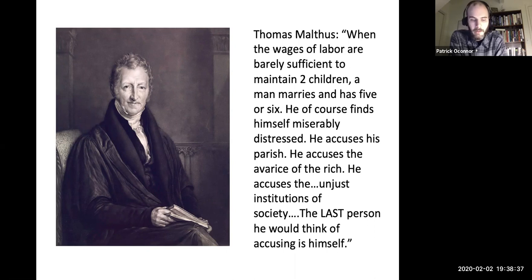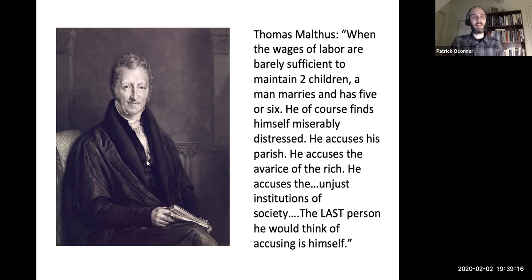He accuses the unjust institutions of society. The last person, and here Malthus is obviously mocking such a person, the last person he would think of accusing is himself, right? The individual in a liberal society is free, but the liberal mandate is that the individual is also responsible for their own success, responsible for their own failures, their own suffering.